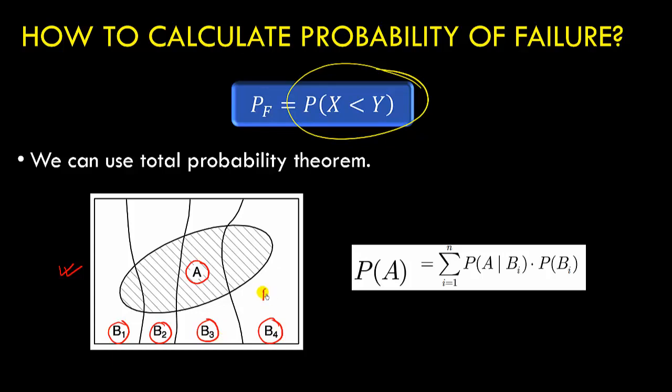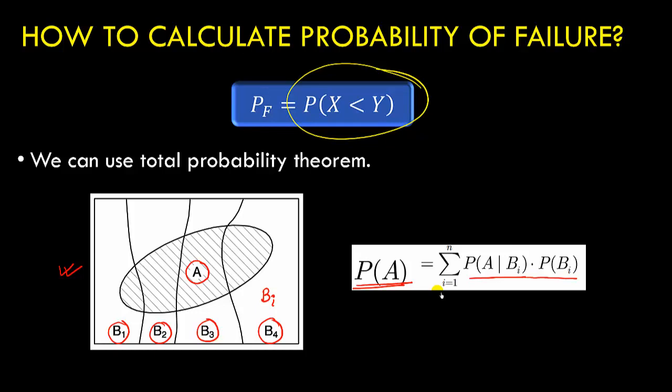In general we can say Bi. I can calculate the probability of A by first calculating the conditional probability of A given that Bi has already occurred, then multiplying by the probability that event Bi will occur, and then summing over all i to get the probability of A.